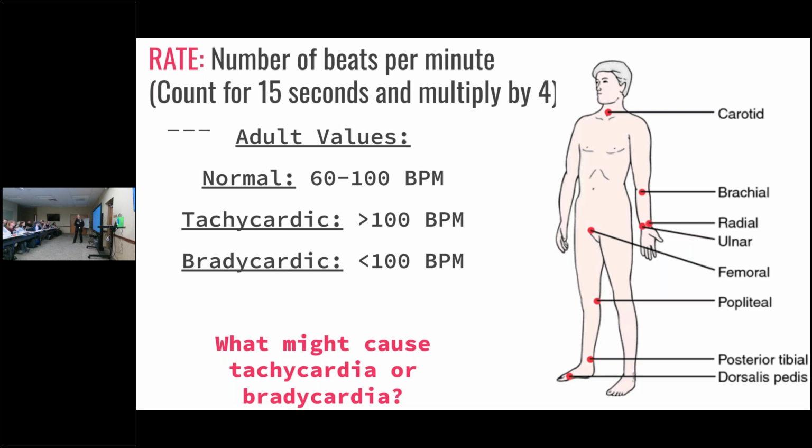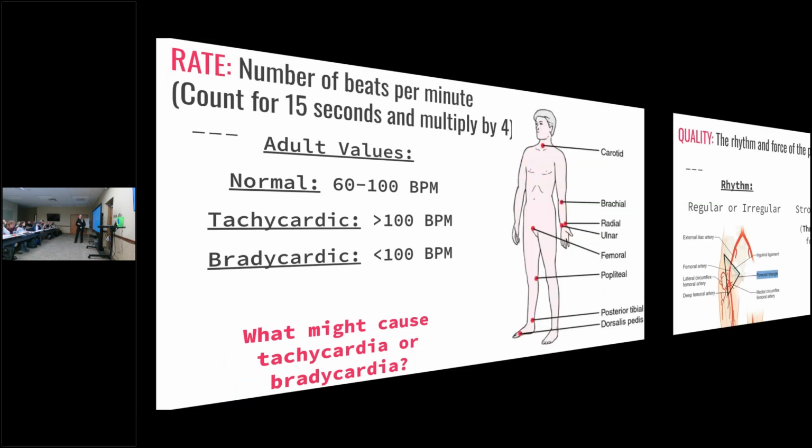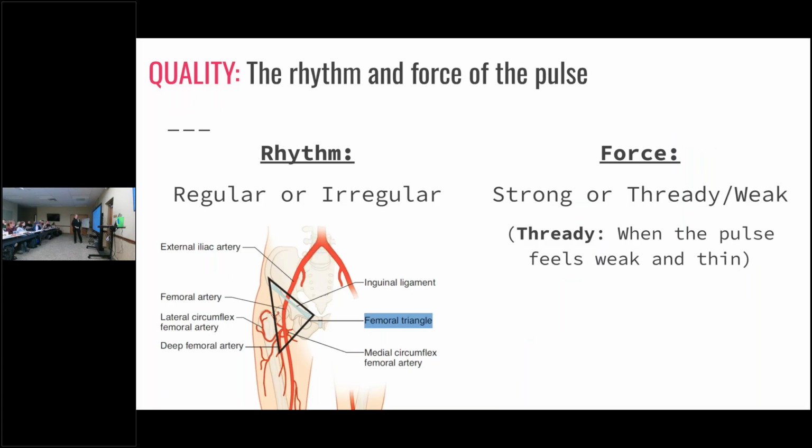Okay, so we just talked about our pulse rate, and now we need to consider the quality of our pulse. The quality means the rhythm and force of the pulse. Rhythm can either be regular or irregular. A regular pulse is going to have a regular, even beat to it, right? Irregular is going to be more sporadic, not that normal beat. And then we look at the force. Is it strong or is it thready and weak, right?